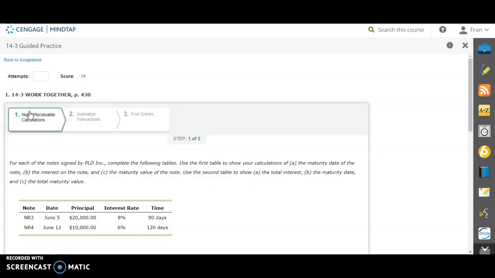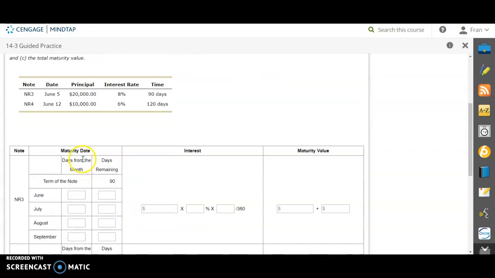All right, so we've got two notes here. The first note is June 5th. It's for $20,000. The interest rate is 8% and the time is 90 days. So we're going to start in this block right here. We type in $20,000 here, 8% interest here, 90 divided by 360 here. Let's do the math.